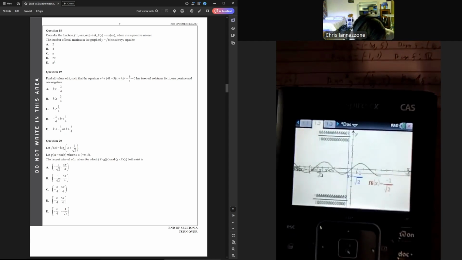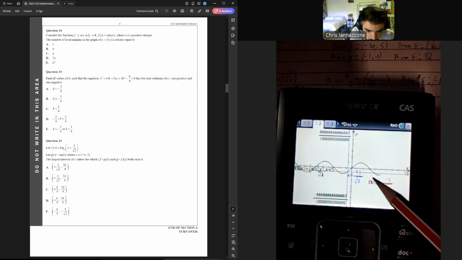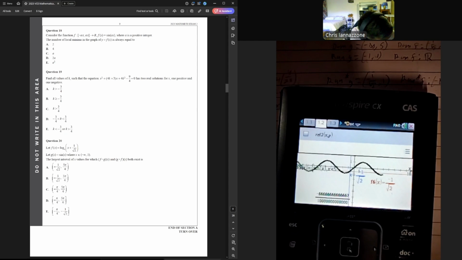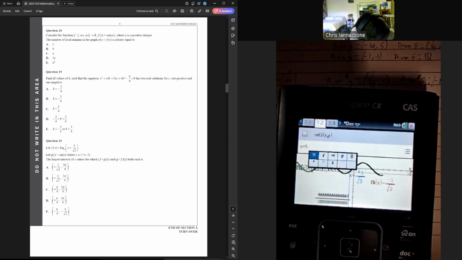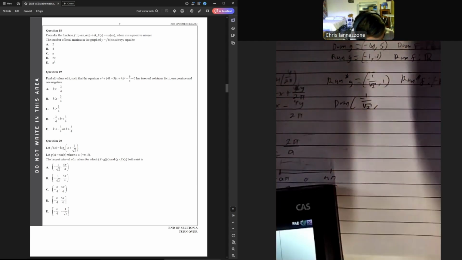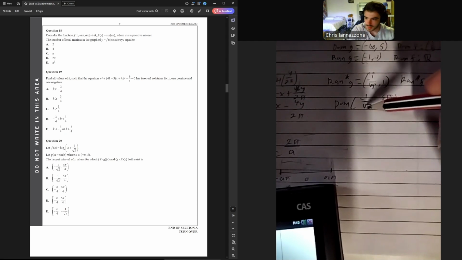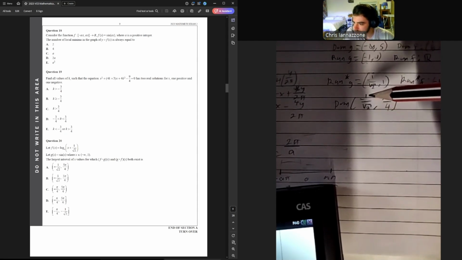Let's double check. If I do x equals 5 pi on 4, I should get here. Yeah, so it's going to cap out at 5 pi on 4. So let's look at our answer set. -1 on root 2, 5 pi on 4, answer A.